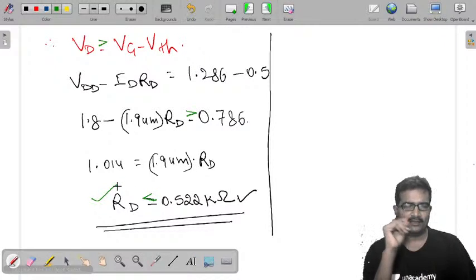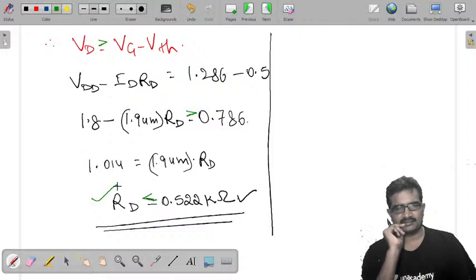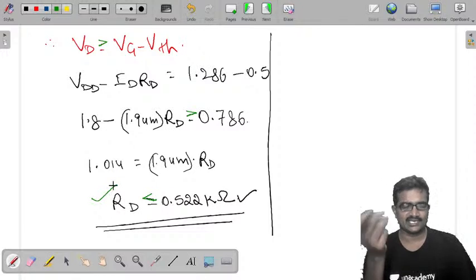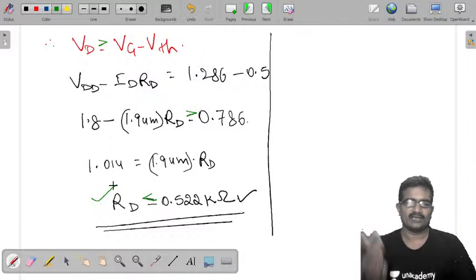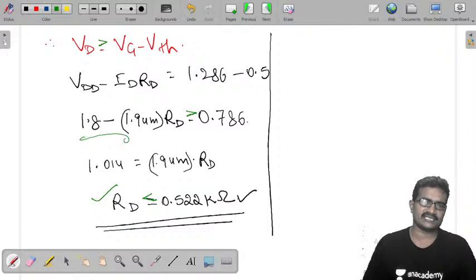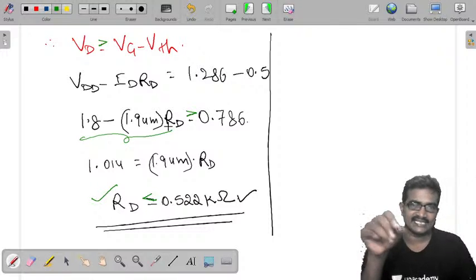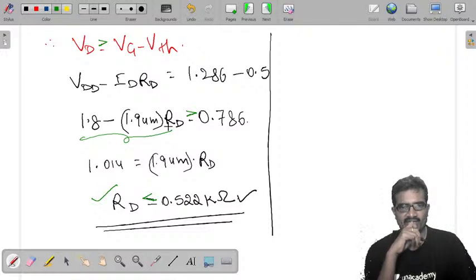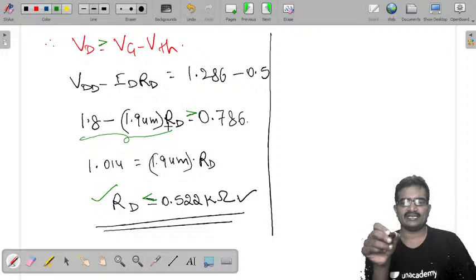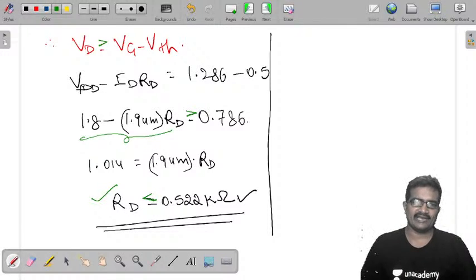Now there is a problem with RD. We discussed this in terms of amplifiers. By increasing RD, the VD value is decreasing, but the gain is increasing. But if you try to increase the RD value to increase the gain, the VD value decreases.